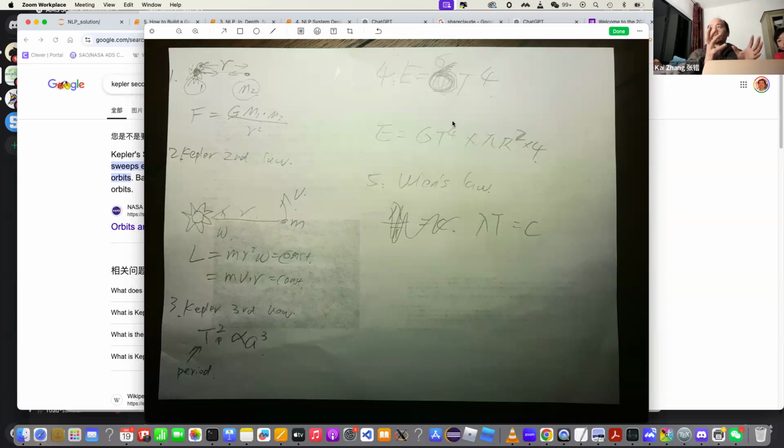So the luminosity is the energy density, sigma times T to the 4, multiplied by the total surface area of the sphere. That formula is 4 times pi r squared.